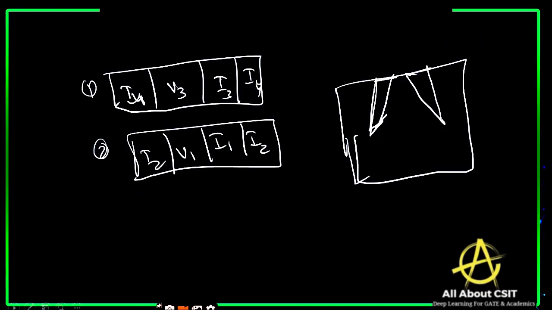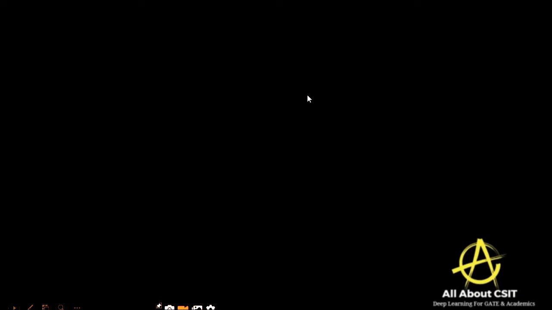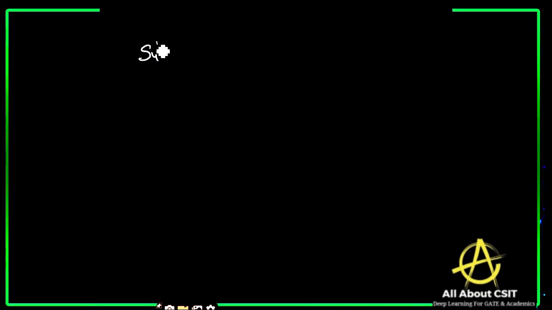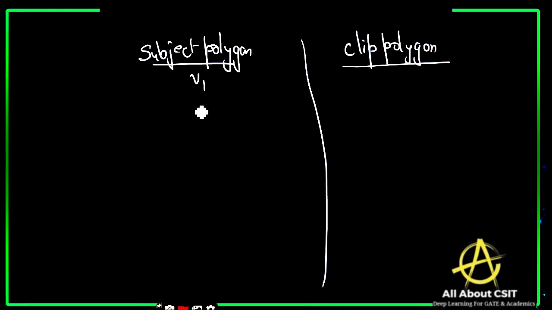It's simple. Let me show you again. I had taken two lists: one is the subject polygon and the other is the clip polygon. I'm writing it clearly so you can make a note. The subject polygon, vertices with intersection: V1, I1, V4, I4, V3, I3, V2, I2, V1, I1, V4.